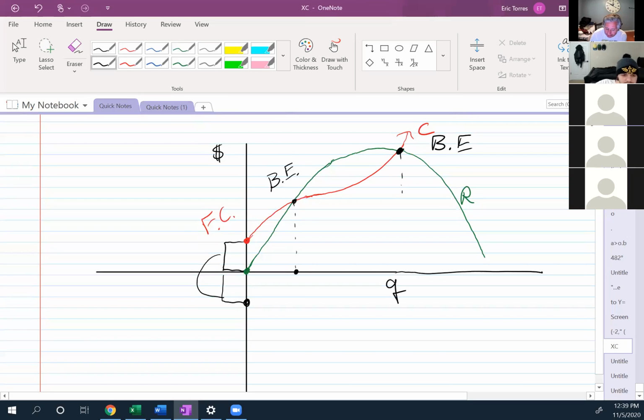And once again, at this quantity, my costs and my revenue are exactly the same, and I make nothing. What's interesting is my little sweet spot in between here, where my revenue is bigger than my cost.